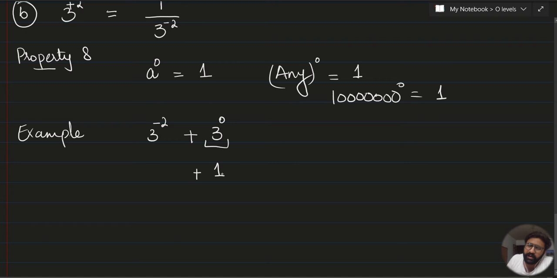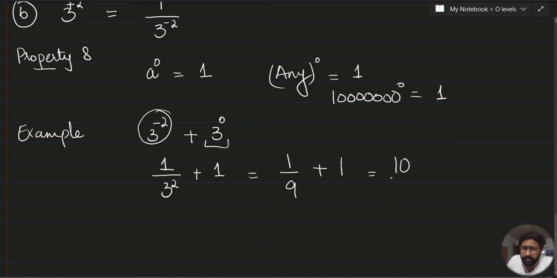So this is going to become 1. But what about this one? You are going to make this power positive in order to add. तो इसको उल्टा करना पड़ेगा. It is going to become 1 over 3 power 2. So you very well know that 1 over 3 power 2 is 1 by 9 plus 1. So this is going to become 10 by 9. Just a simple addition of the two numbers.